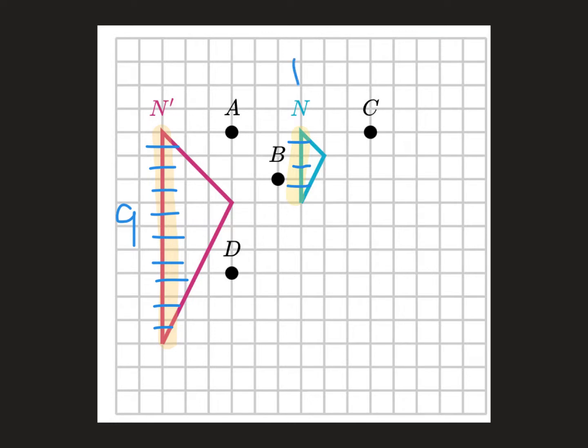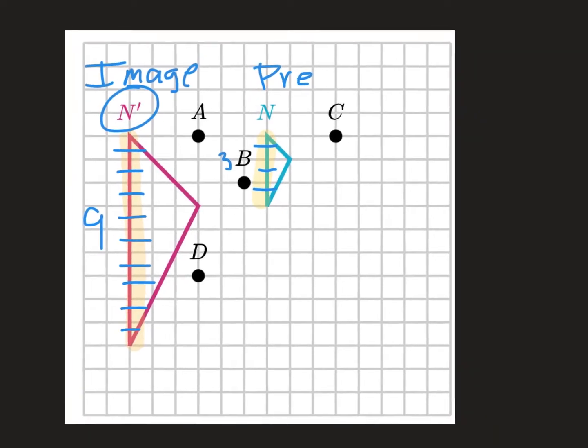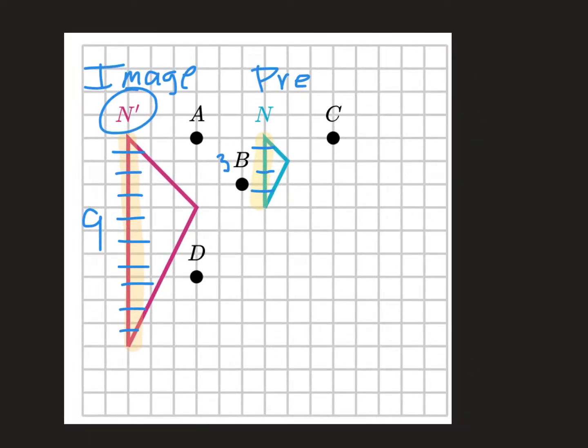I can tell that this is my pre-image because it doesn't have the little tick mark, so this one is my image. So this is an enlargement, and because the pre-image side was only 3, and its corresponding side after the dilation is now 9, we know our scale factor was 3.